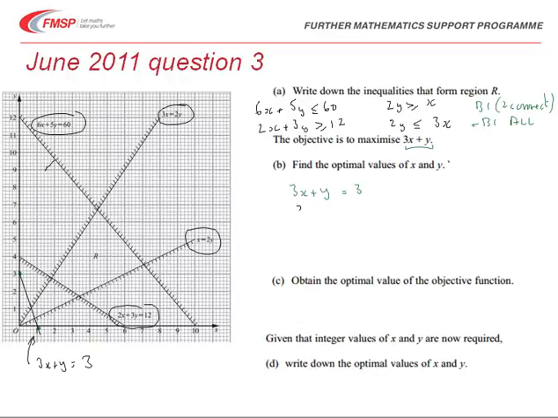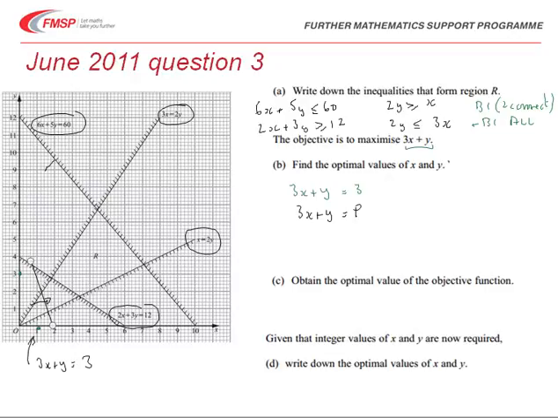So we're taking the line 3x plus y is equal to p and moving it away from the origin, and we're looking to maximize. So we want to find the final point that that line leaves the feasible region.